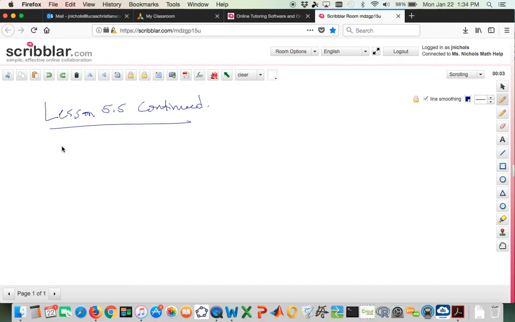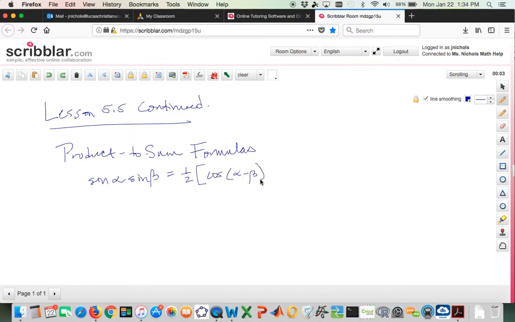Okay, so from your equation sheets, we have the product to sum formulas. Sine alpha sine beta is equal to 1/2 bracket cosine of alpha minus beta minus cosine of alpha plus beta.